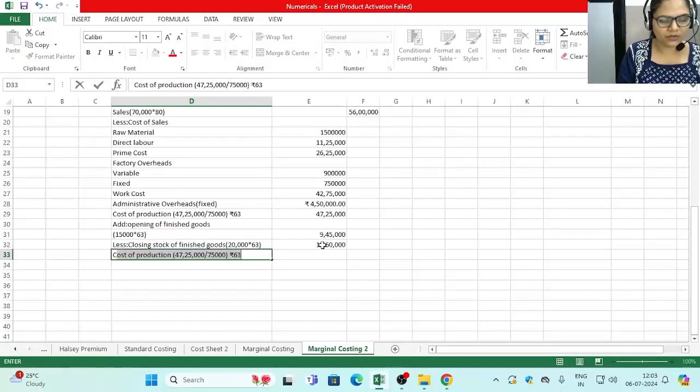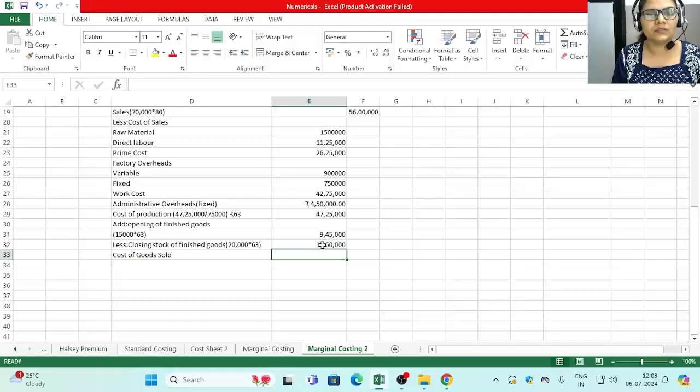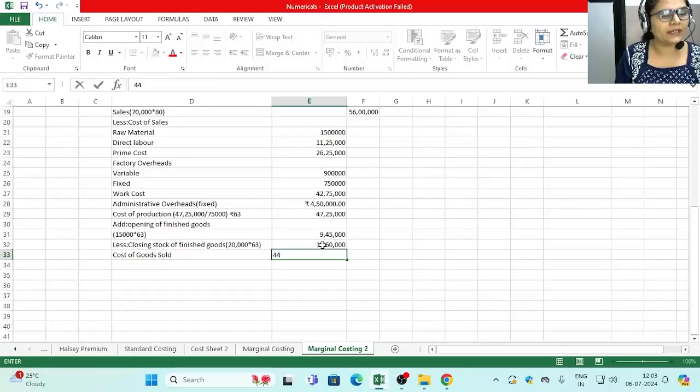Then we got cost of goods sold. Cost of goods sold is 44,10,000.